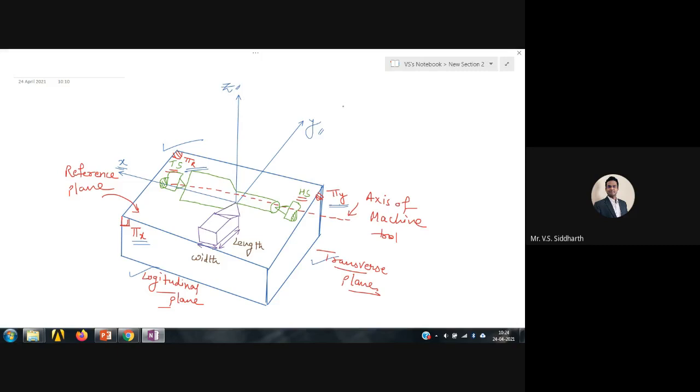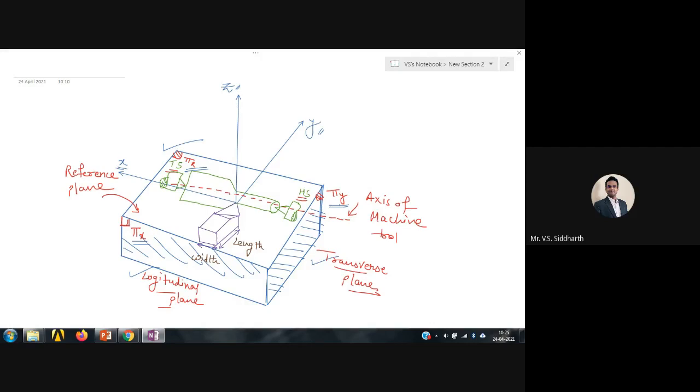Can I do like that? Say yes or no. See, this x is parallel to this longitudinal plane. This is the longitudinal plane, na? This y is parallel to this transverse plane. Don't talk about z now. So to these two planes, these two axes are parallel.